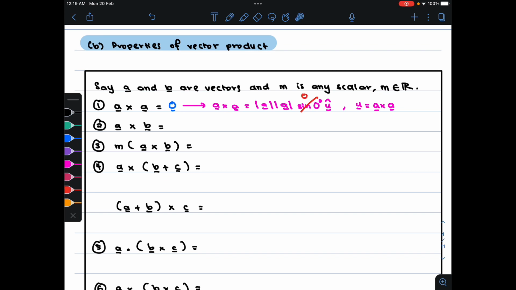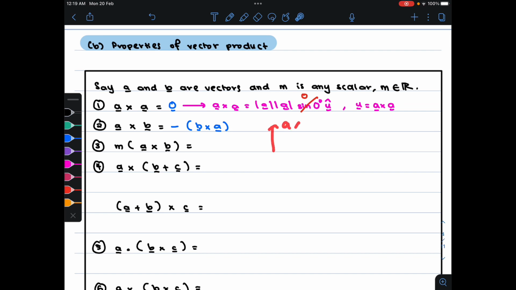Therefore, the whole thing here will be 0, and when it is multiplied with the unit vector, that is still a vector. So that's why it becomes the zero vector. Next, if you have A cross B, you already know that it is equal to negative B cross A, because these two vectors, A cross B and B cross A, will be negative vectors.